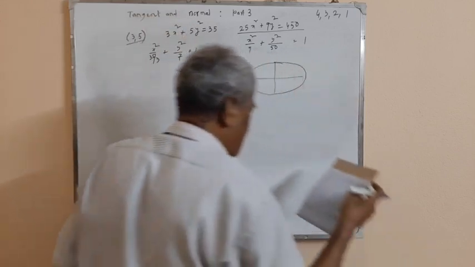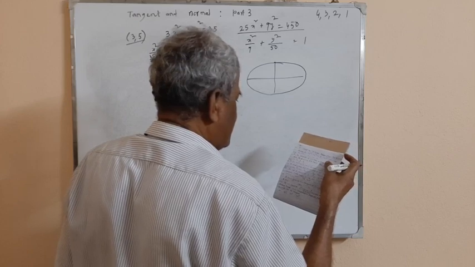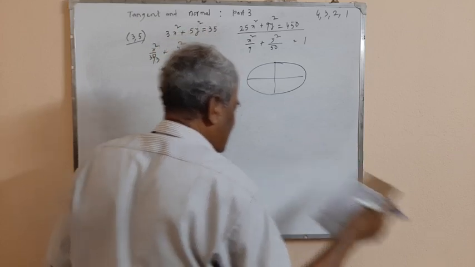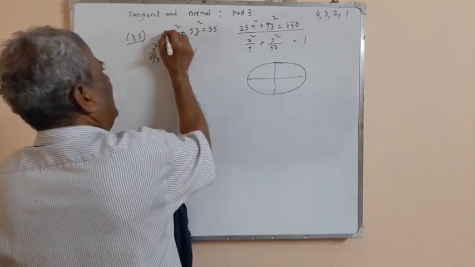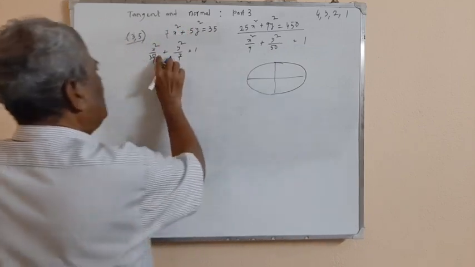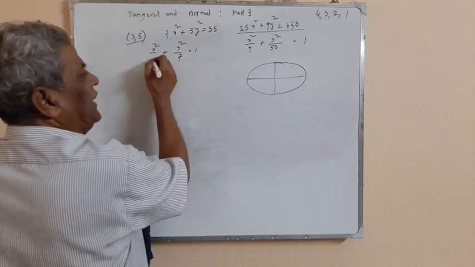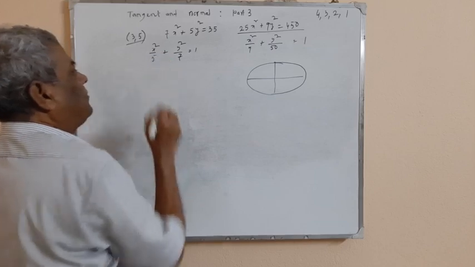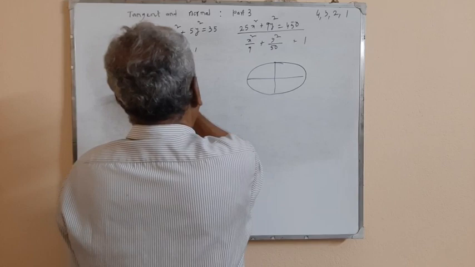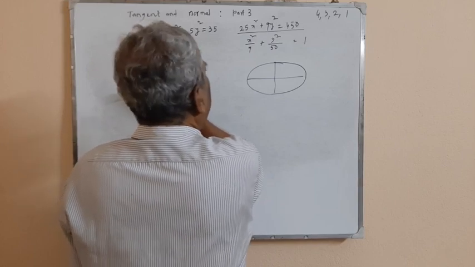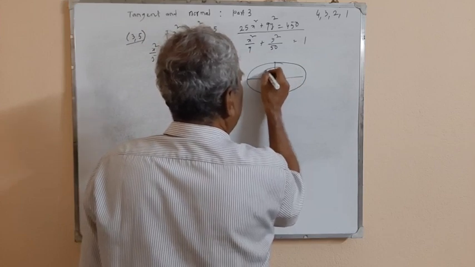Just 1 minute. Sorry, the problem is this. The first ellipse has A is 5 and B is 7. Both are less than that, so it is of that type.